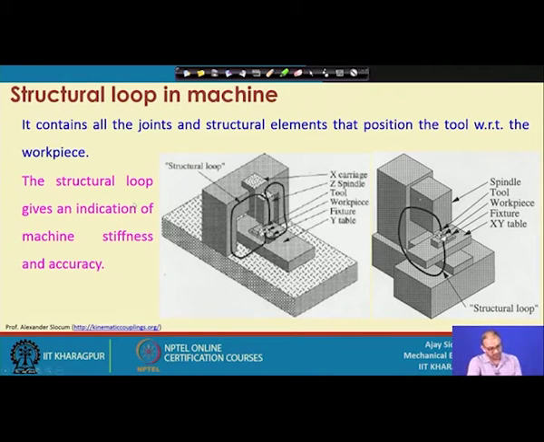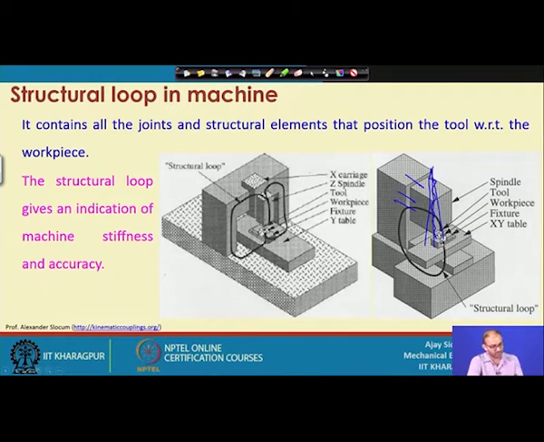Now, consider that there is some problem in the joint, suppose there is some bolt here, because either it is bolted or it is fixed in terms of some type of slots. So, if there is some problem here, what is happening is that it is not exactly moving vertically, but it is moving a little bit in this direction or maybe in this direction or maybe in this way. Right.